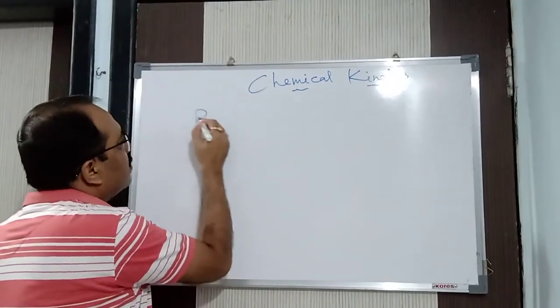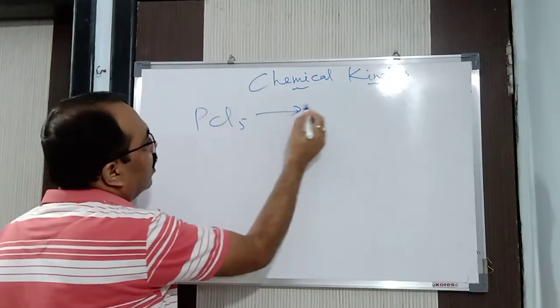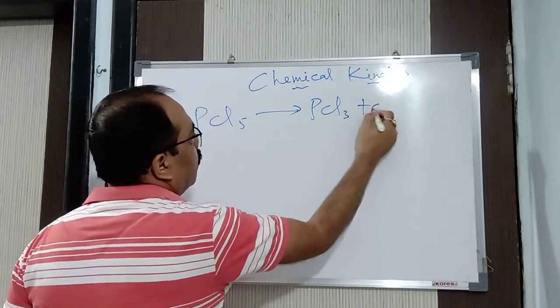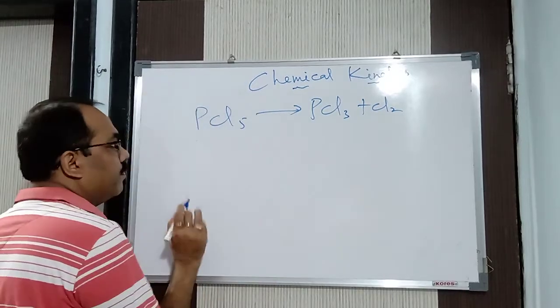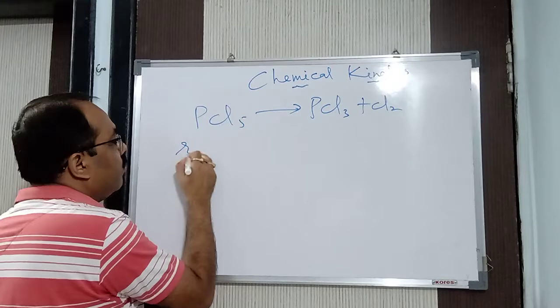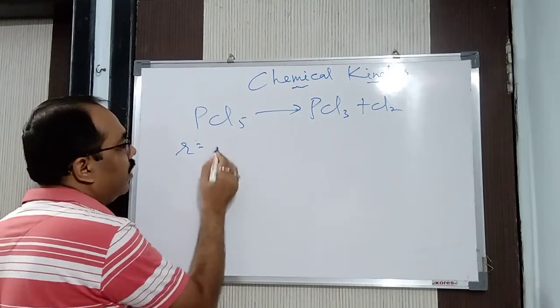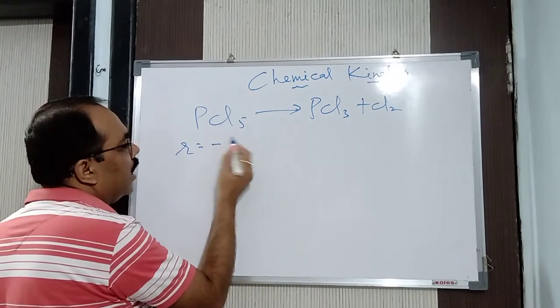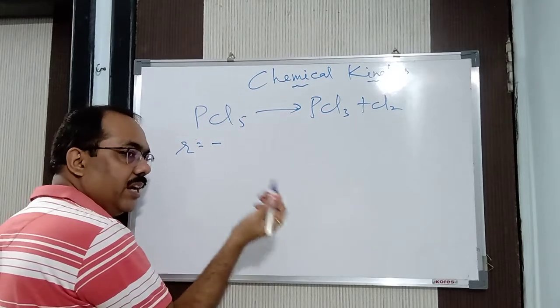Now let us take one example. PCl5 gives PCl3 plus Cl2. Now I need to calculate the rate of reaction from this. So R is equal to minus d[PCl5]/dt, which is equal to d[PCl3]/dt, which is equal to d[Cl2]/dt. Instead of delta, I can write d also.